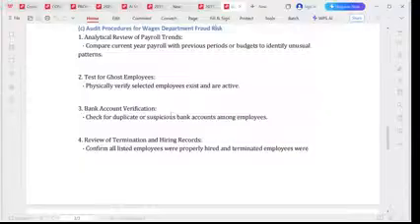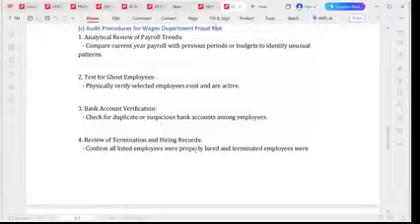Was this 100,000 paid through the bank account? Could we have employees who happen to have multiple bank accounts? It will be very, very important.